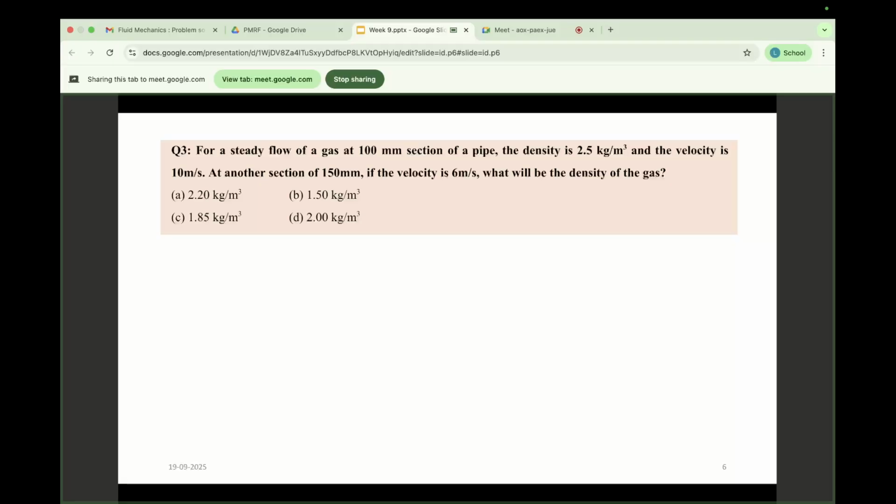And in another section of 150 mm, the velocity is given. So you are asked to find the density of the gas, that means at the section having diameter of 150 mm. So that is the question. I am giving you 2 minutes to solve this one, as it's a numerical one. You can use your calculator. So please try to solve.